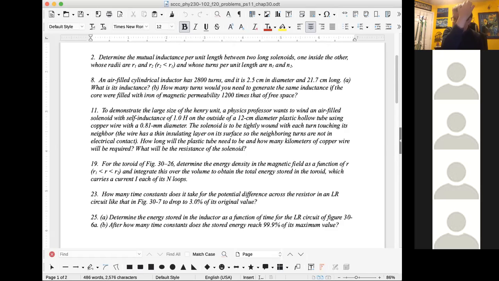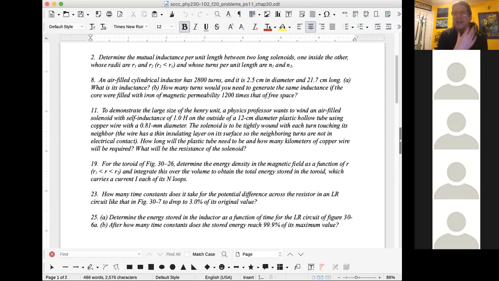If the turns are tightly wound, then the length of the tube is going to be the total number of turns multiplied by the diameter of the wire, which is the width of each turn. So you solve that equation for N, plug that into the inductance equation, and then solve that for script L, the length of the wire. And then how many kilometers of copper wire will be required?